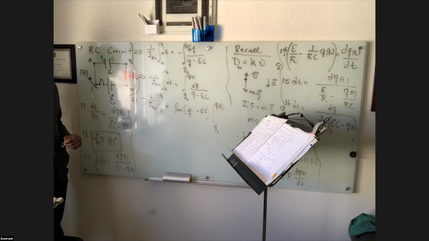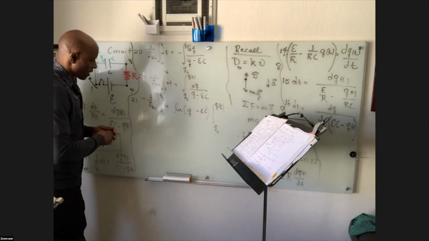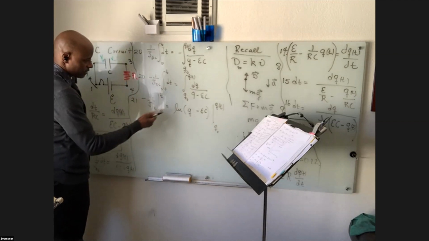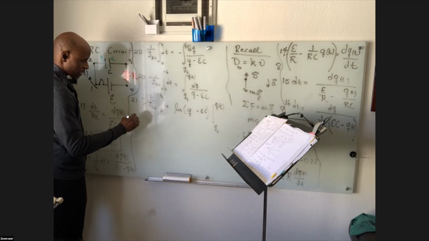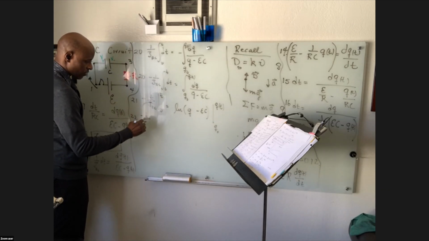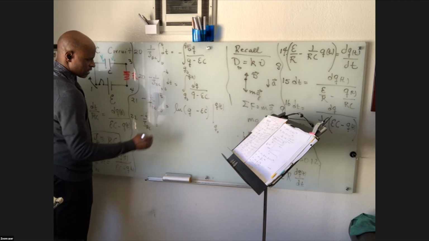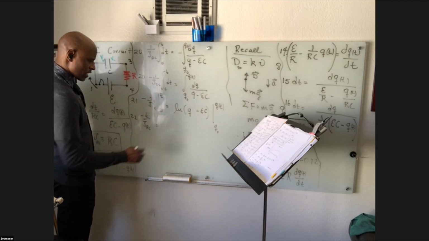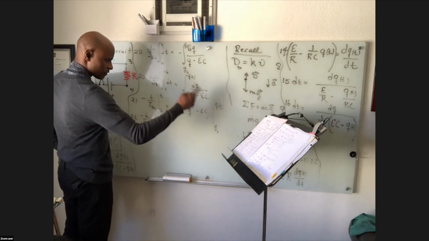So I think I'm going to go for it and see if I can get the right answer. The left side is no problem. When I put in the limits, it's just going to be minus t over tau RC. And over here, it's final minus initial.